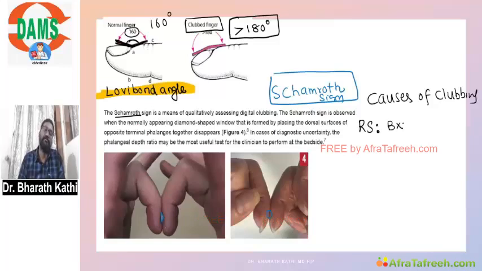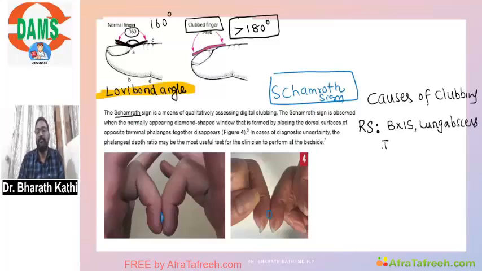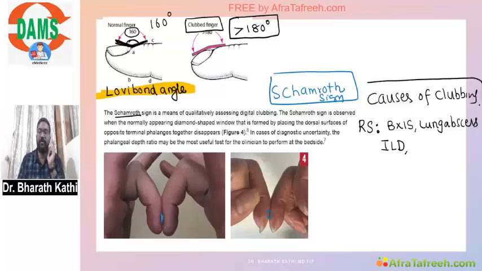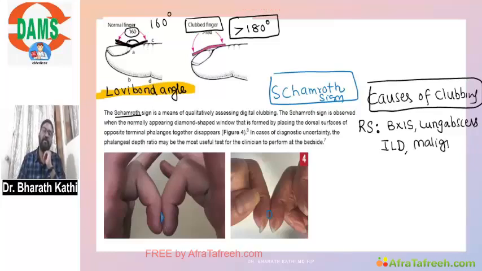First is bronchiectasis, lung abscess, interstitial lung disease. I am discussing it last to make sure you will not forget the causes of clubbing. Lung abscess, bronchiectasis, ILD, malignancy. TB can also cause it, but these are common.